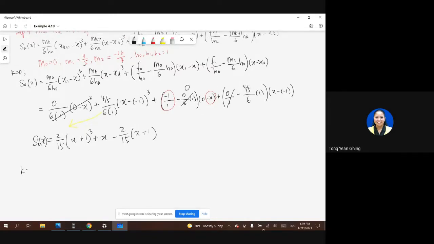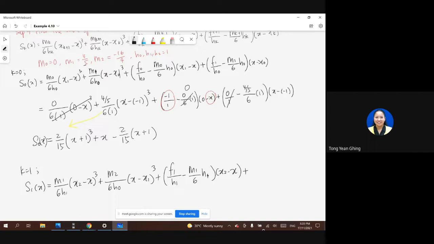So then when K equal to 1, S1 X will be equal to M1 over 6 H1 times X2 minus X power of 3, plus M2 over 6 H1 times X minus X1 power of 3, plus F1 over H1 minus M1 over 6 H1, times X2 minus X, plus F2 over H1 minus M2 over 6 H1, times X minus X1.